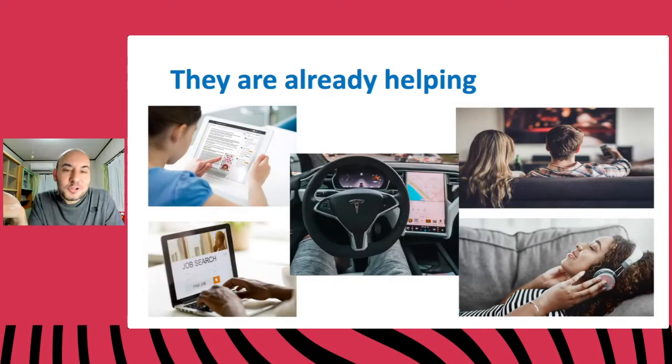Actually, they are already helping us in a lot of different ways in our daily life, right? As we discussed in the very beginning of the presentation, whether we are aware of it or not, we encounter machine learning algorithms in lots of places in our daily lives. For example, whenever I'm reading an article, the system is already recommending similar articles, or other articles that I might be interested in.